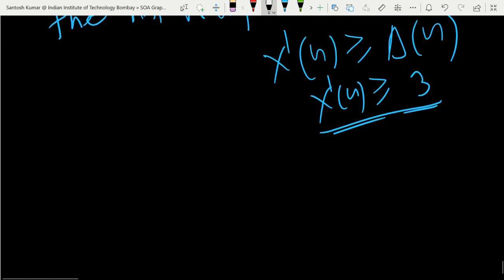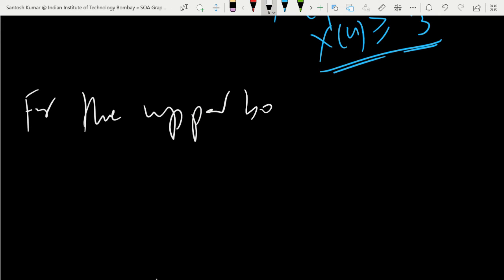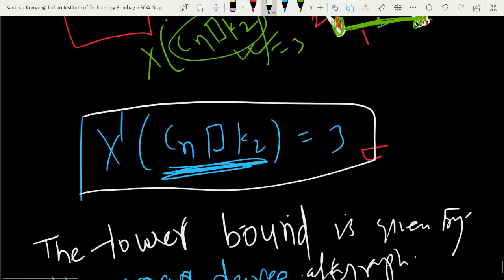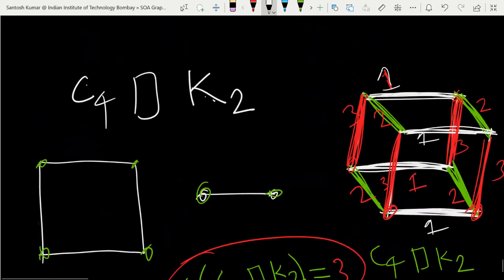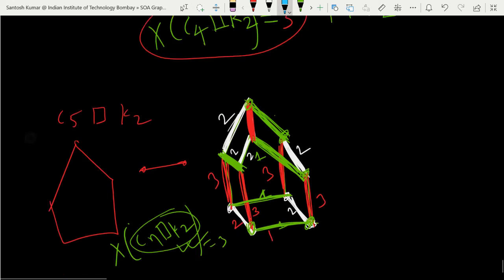And now for the upper bound, when n is even, you can consider the case of C4. So when n is even, what do you see? That you can color this C4 using two colors only, right? And the third color you will use for the K2 edges.